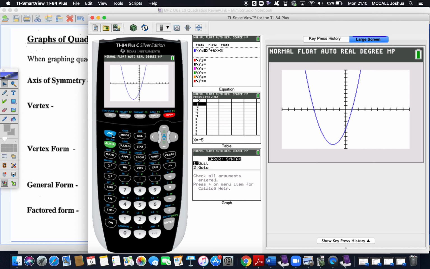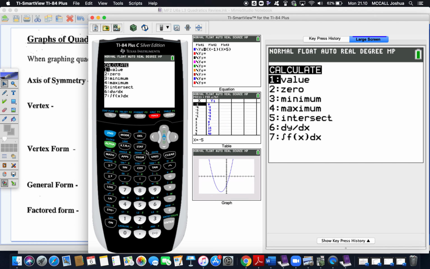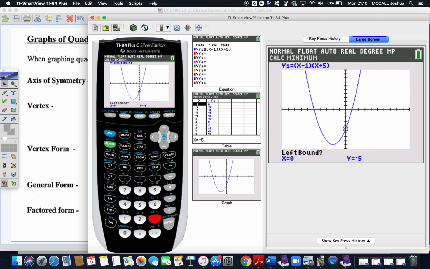I want to go and find the vertex. So let's do second calc, and then again, since it's opening up, we have a minimum value, so that's option 3. Scroll to the left side of our vertex, press enter, scroll to the right side of the vertex, press enter, have the calculator guess, and it tells us our vertex is at -2, -9.